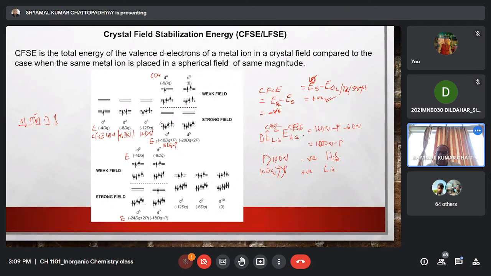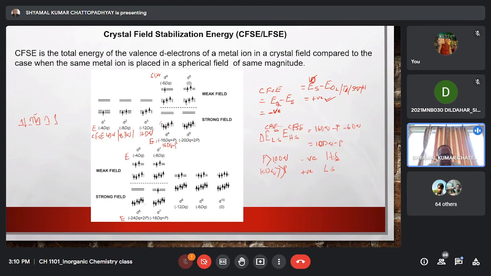On the other hand, if the CFSE of the high spin complex is greater, that will happen when P is more than 10 Dq. In that case, you will find that the high spin complex is more stable. So whether a complex will be high spin or low spin, it will always be a fight between 10 Dq and P.